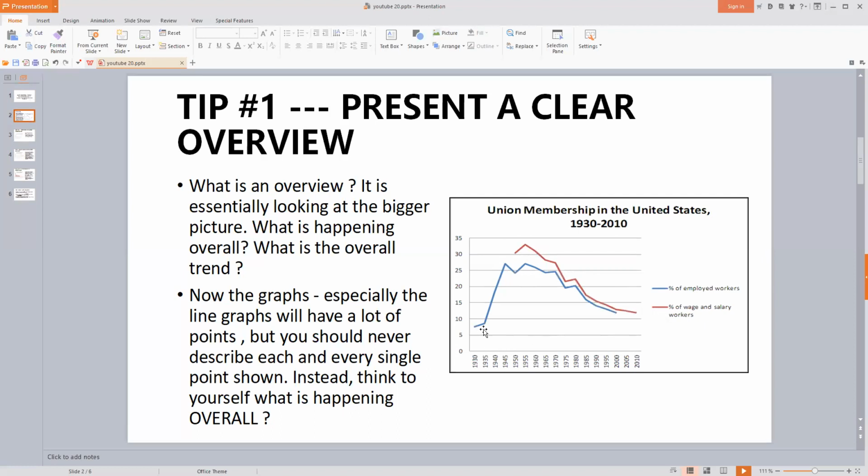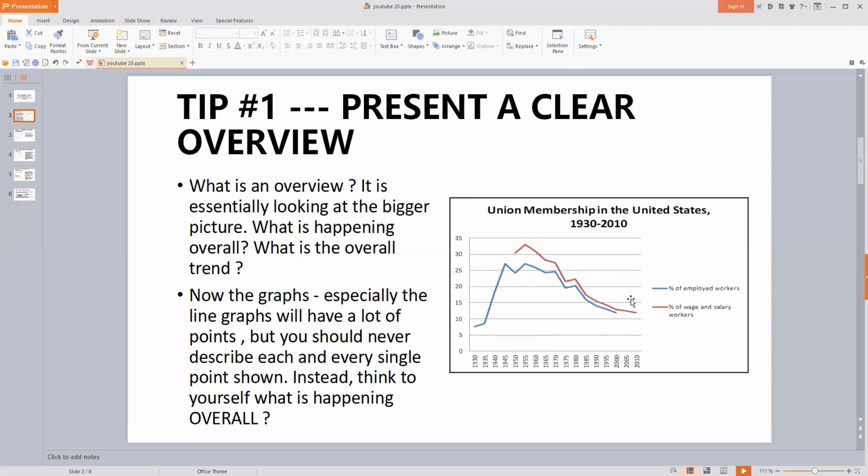Whereas the blue line, which represents the percentage of the employed workers, in 1930 it started around 7 or something. Well, guys, it's just an approximate, okay? And it finished at just over 10. So that showed an increase, while the red line showed an overall decrease.